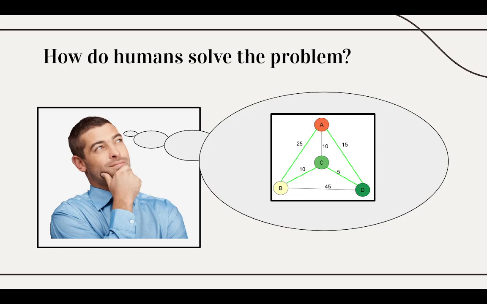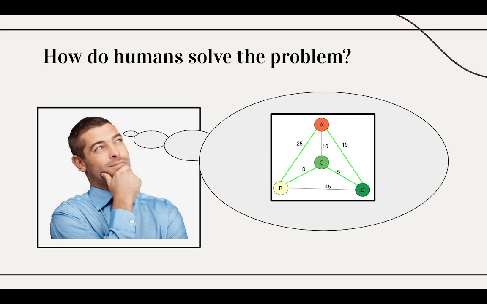It's such a simple problem that a lot of people could probably just watch it and figure it out without much trouble. For example, I would say, let's say we start at city A, and what's the shortest path to another city?